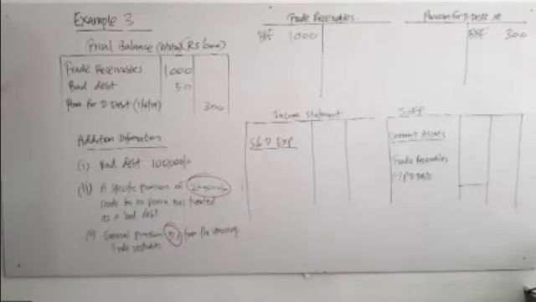Opening balances: trade receivables 1 million, provision for doubtful debt 300,000.